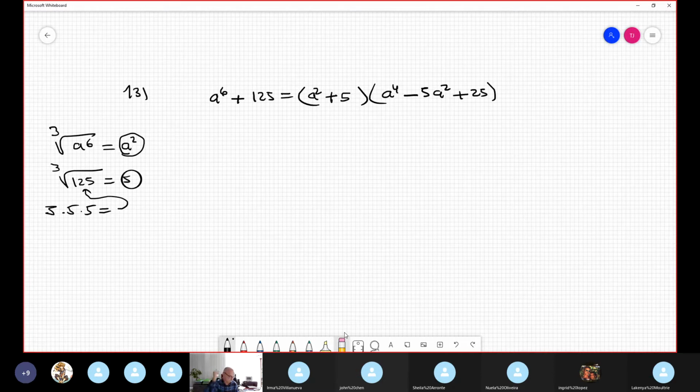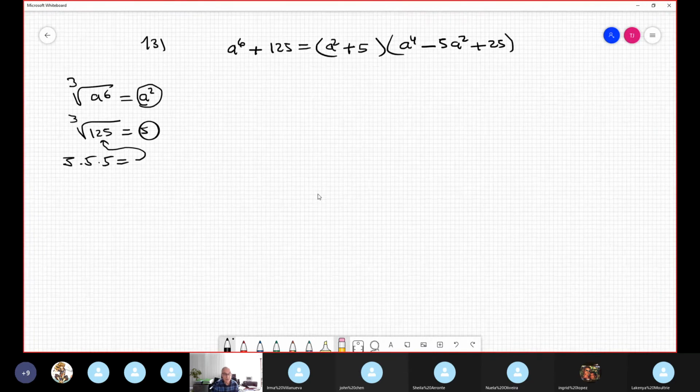And this is the final answer. Any question? It's easy, it's just a formula. Identify the case, apply the formula.